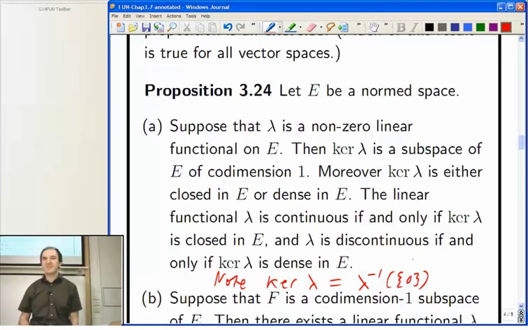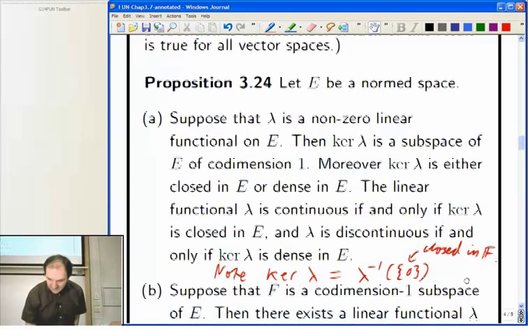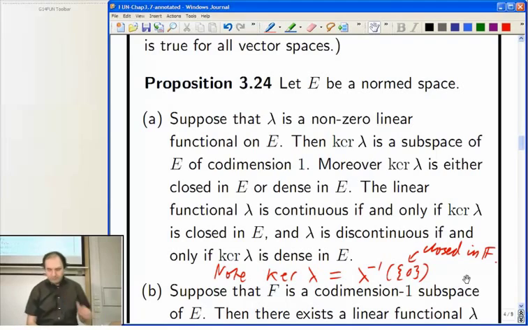This has only got one point in it, that's a single point set, so it's closed in the scalars. This works more generally, of course. The kernel of a continuous linear map between norm spaces is, again, the preimage of 0. So it's closed. So if lambda is continuous, then the kernel is closed.